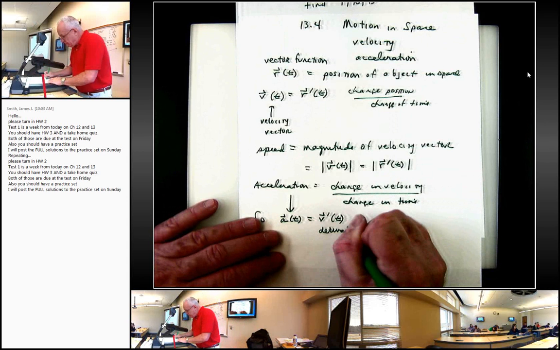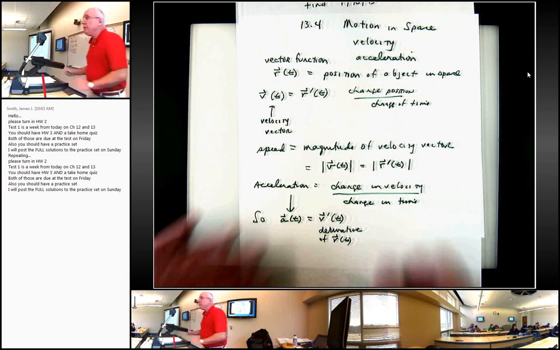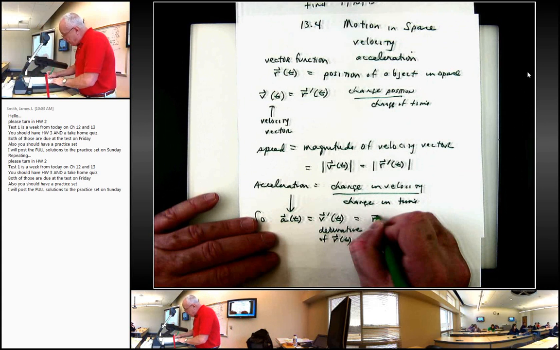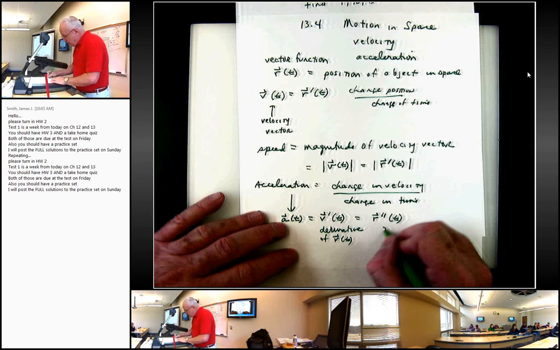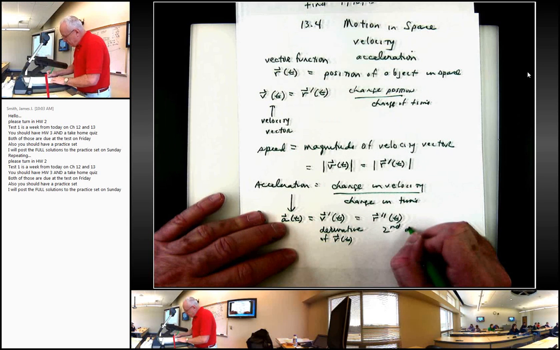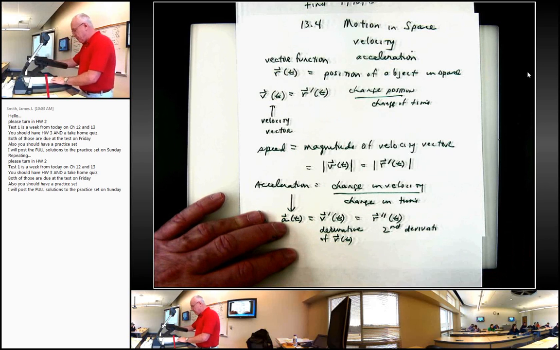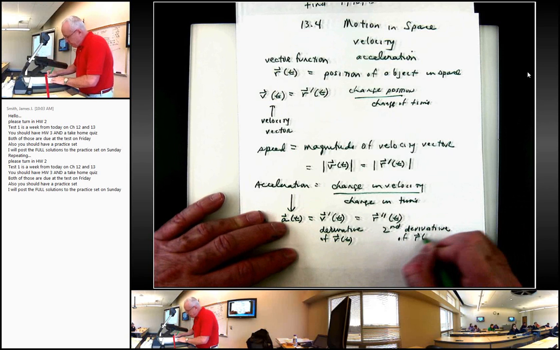And this, in turn, is the second derivative of our position vector, because the velocity is the derivative of the position, so the derivative of the derivative is the second derivative of r of t, the position vector.